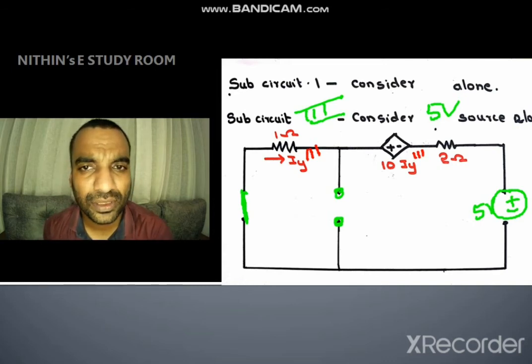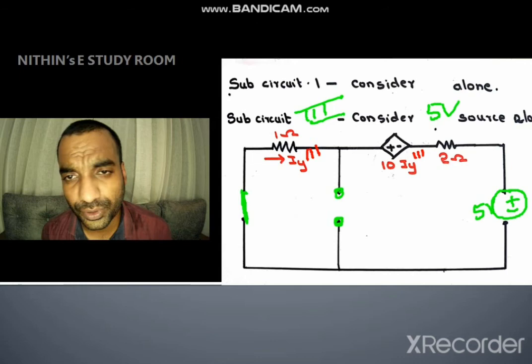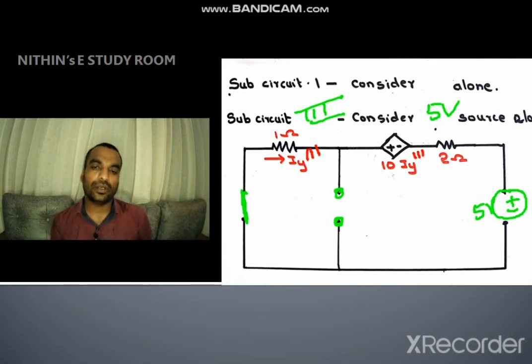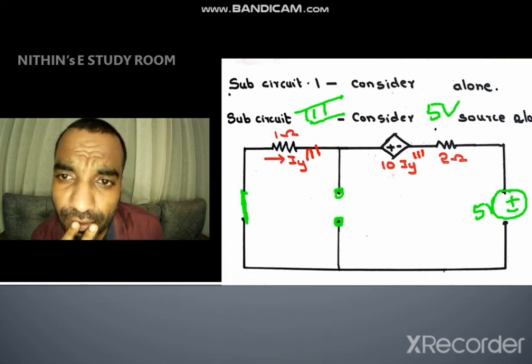It is understood. Now this is also a simple circuit, and you have to apply whatever rule you want with it, and now you can see it's a voltage source and a current.